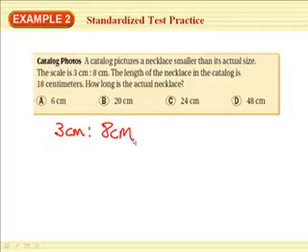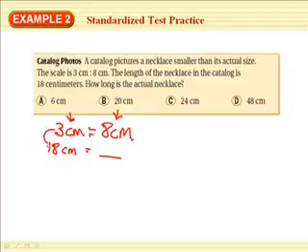So what we know as far as this one goes is this is the necklace right here, and this is its actual size. So this is the picture in the catalog, and this is the actual size. So if the catalog's is 18 centimeters, how long will the real one be? Right here, every 3 centimeters is equal to 8 centimeters.